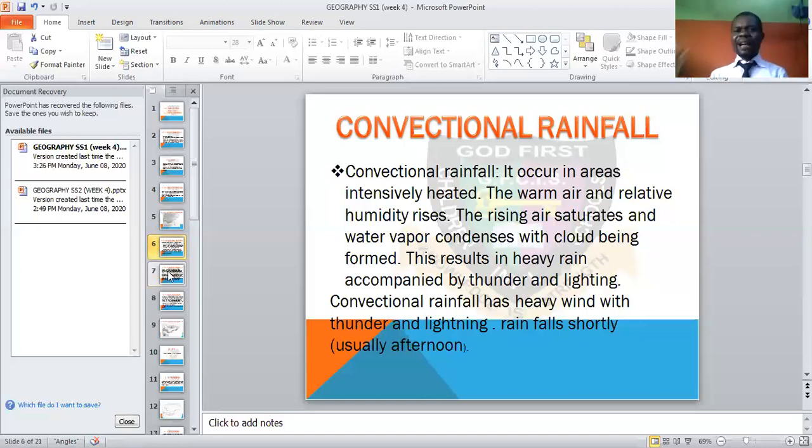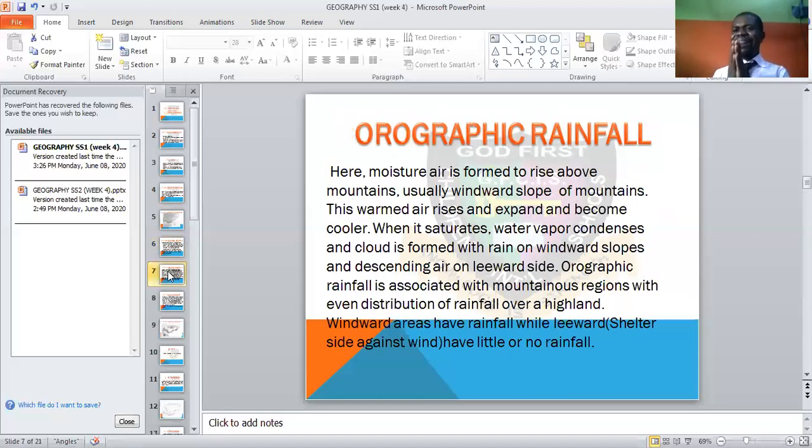Then there's another type of rainfall, the orographic rainfall. Just like the other one, the moist air is forced to rise above mountains. This one is associated with mountainous areas, that is areas with mountains. You remember last week we discussed highlands, we discussed mountains, and so on.